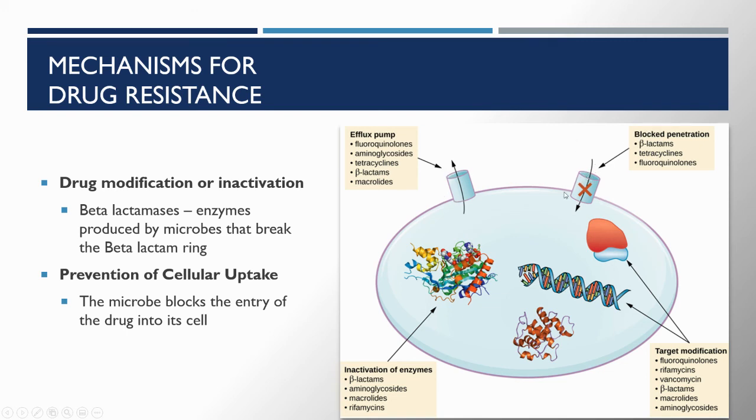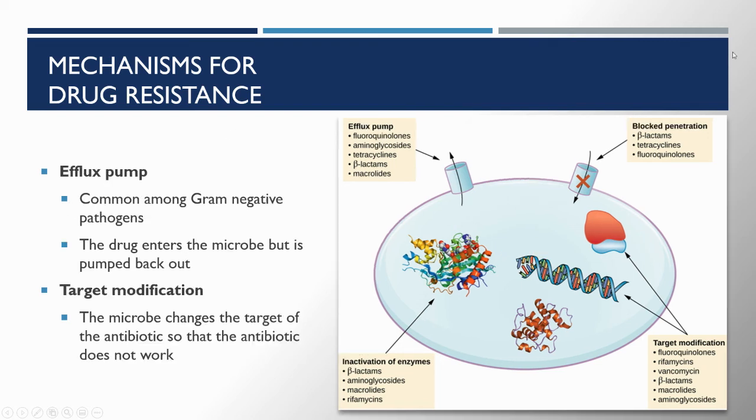We can change this entry point, so that the protein on the membrane that the antibiotic enters through can be blocked. We can do target modification or drug modification, that would be either inactivating or changing the drug. So beta-lactamases change the beta-lactam ring on the penicillin. They change the drug.